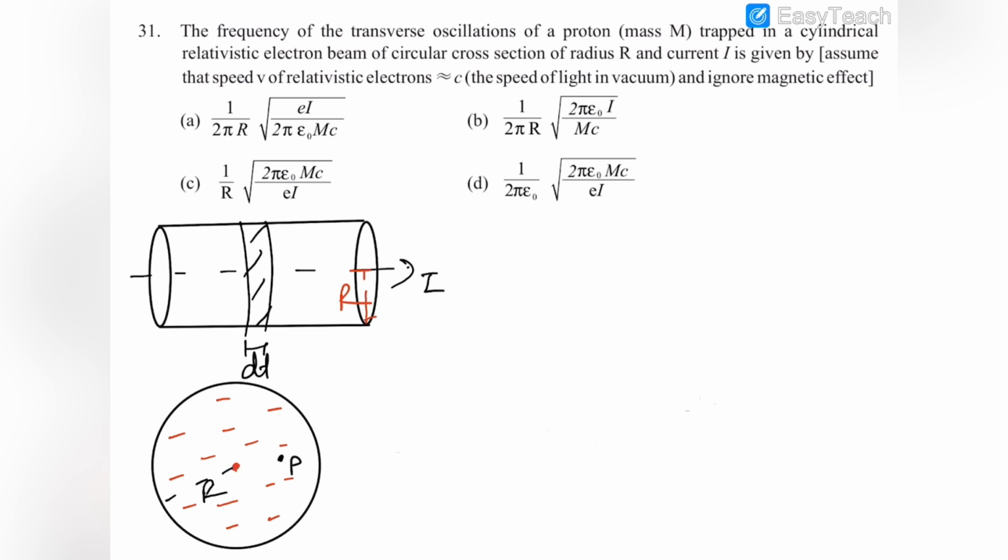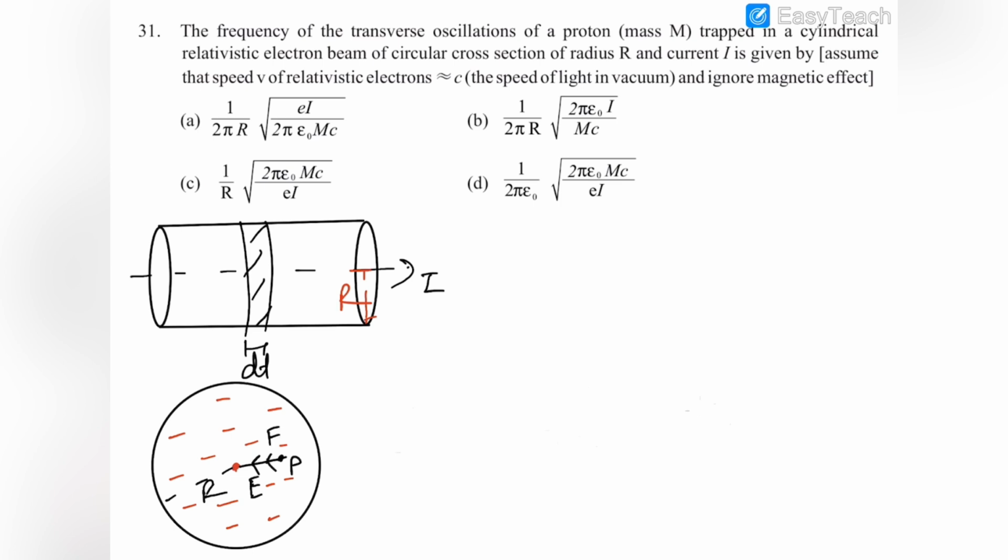So we'll see that this is a solid, uniformly charged cylinder. We know that in a solid uniformly charged cylinder, the electric field would be like that because there is a negative charge, and therefore the force acting on the proton will be like that.